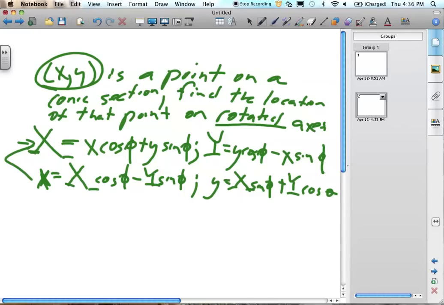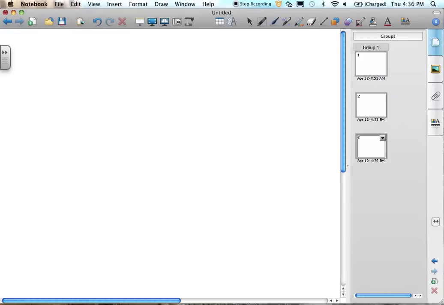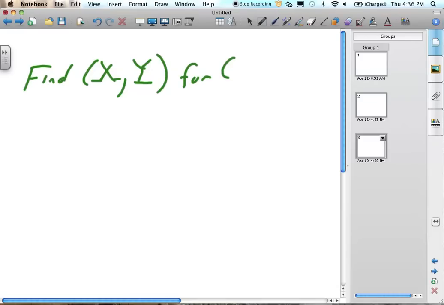Okay, let's work a couple of examples. This one, your instructions are to find the rotated xy coordinates for the point (1, 1), where the angle of rotation is 45 degrees.